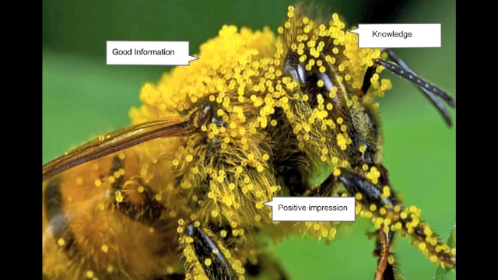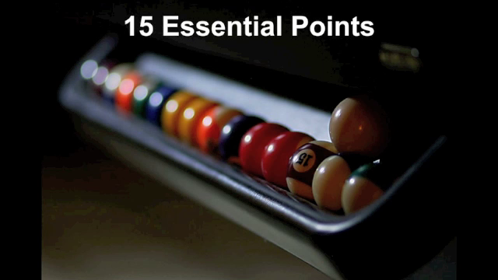You're giving them information that is of value. And if it's a conversion webinar and you do your process correctly, they're also going to come away with your product. Now, how many of them will come away with your product? Well, that has to do with how you script your webinar, which is why we have put together this brand new 15 Essential Points report.